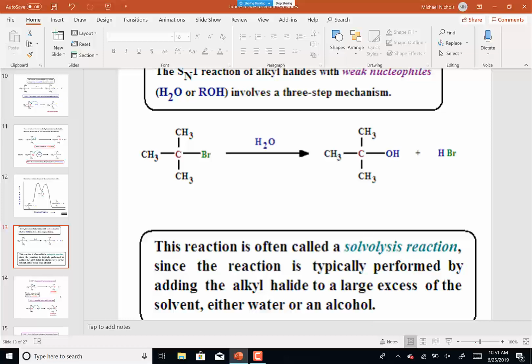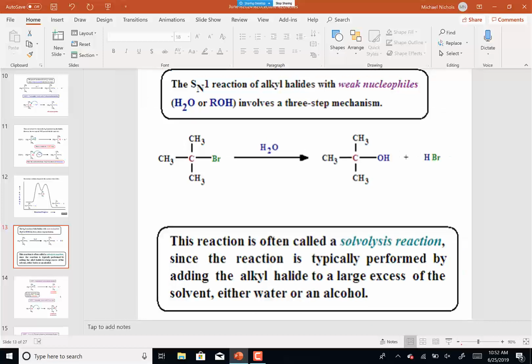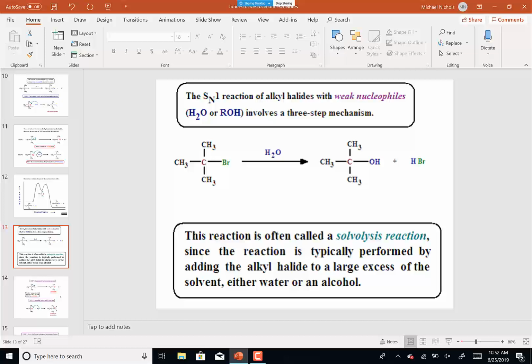Now, when you have a carbocation, you have the most electron poor electrophile.